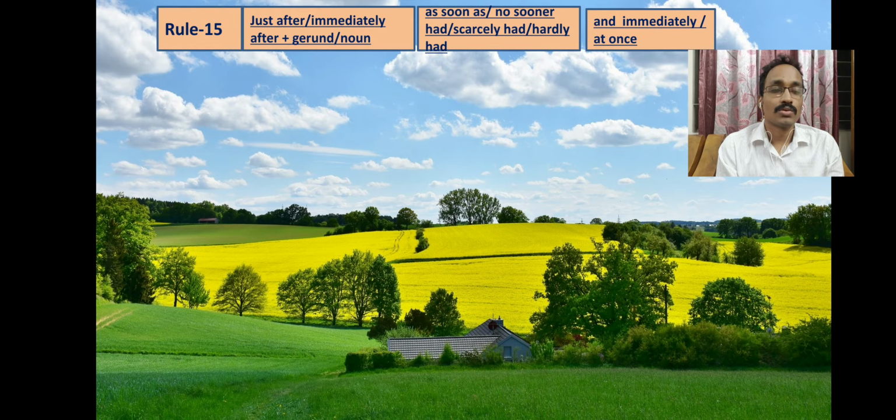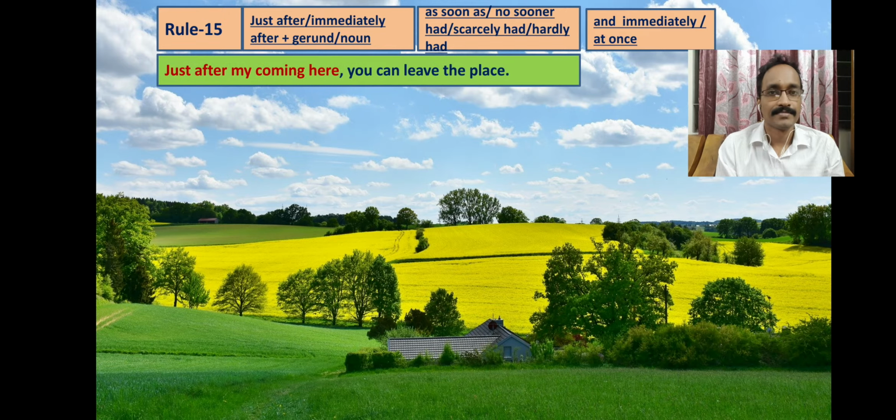So let's go through some examples. You see, just after my coming here you can leave the place. So here you see the clause is the second part of the sentence.